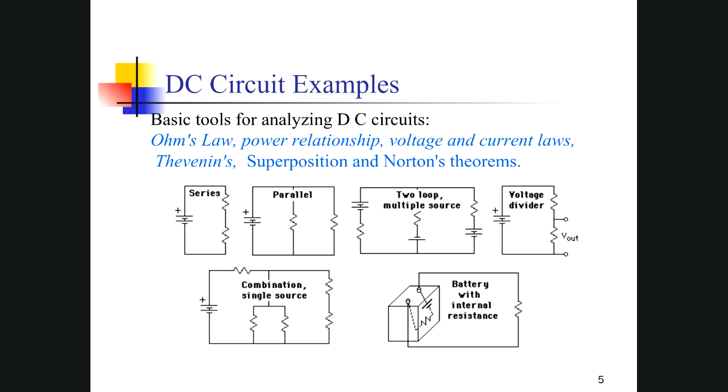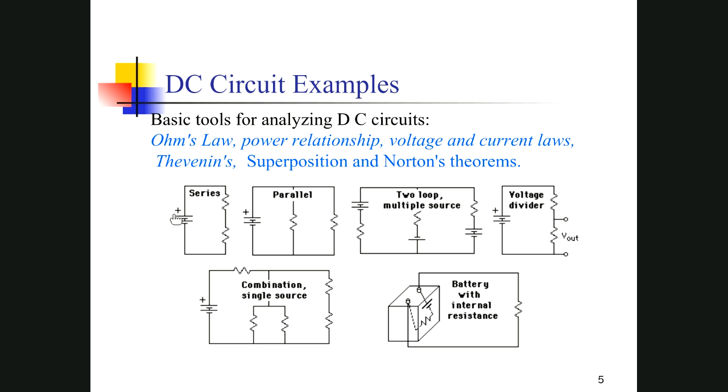Here we give you examples of different types of DC circuits. So here we have the batteries. The batteries have positive polarities and negative polarities.